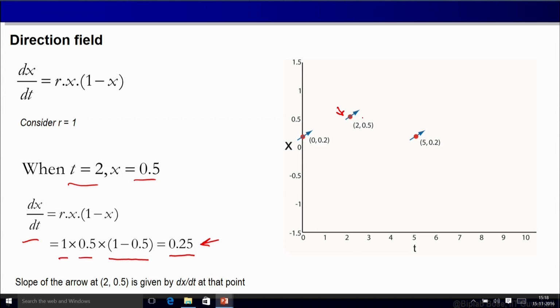So I have drawn an arrow here pointing up, having a slope 0.25. So what I have done, I have a t versus x space in which I have taken some points, and at those points I have calculated dx/dt, the slope as per the ODE. Once I have calculated the slopes, I have drawn arrows with the appropriate arrowhead on those points having the appropriate slopes as calculated from the derivative.